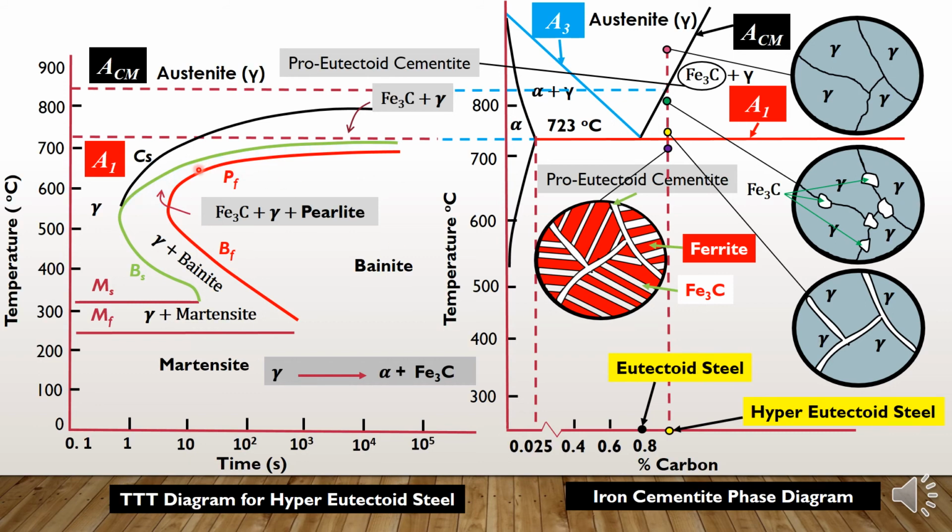When all the austenite has been consumed to form pearlite by eutectoid reaction, we will reach the red line, which is indicated as PF. So the region next to the PF line will contain only two phases, that is pro-eutectoid cementite and pearlite.